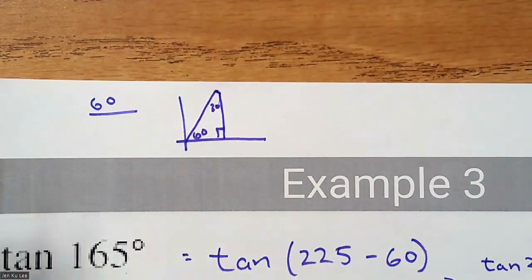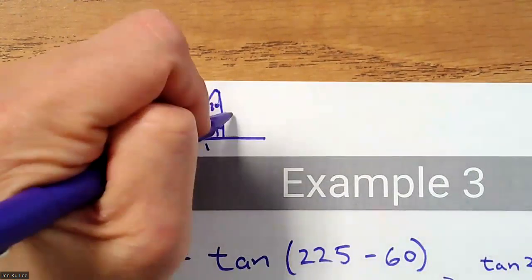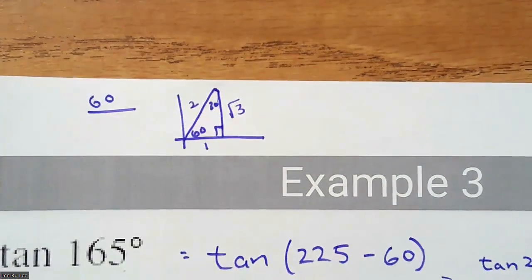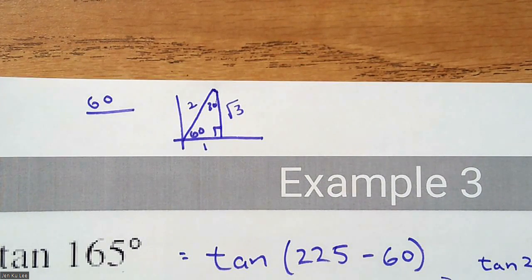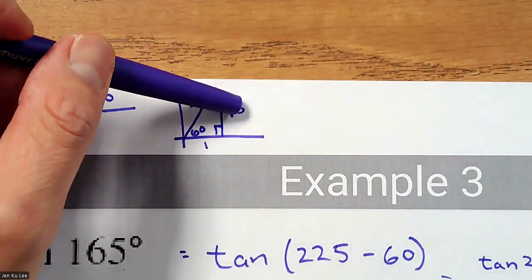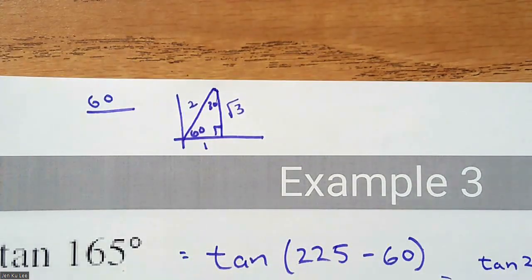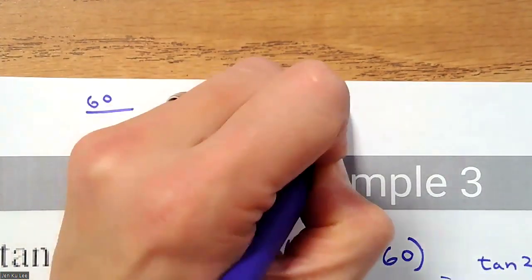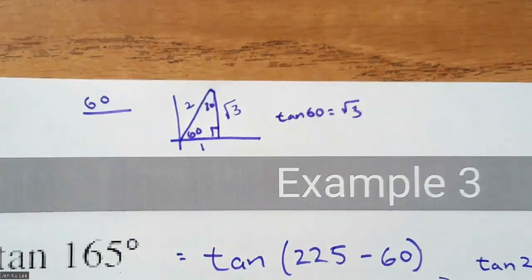Across the 30 is 1, across the 60 is square root of 3, across the 90 is 2. What is the tangent? That's y over x, or opposite over adjacent, which is square root of 3. So tangent of 60 is square root of 3.